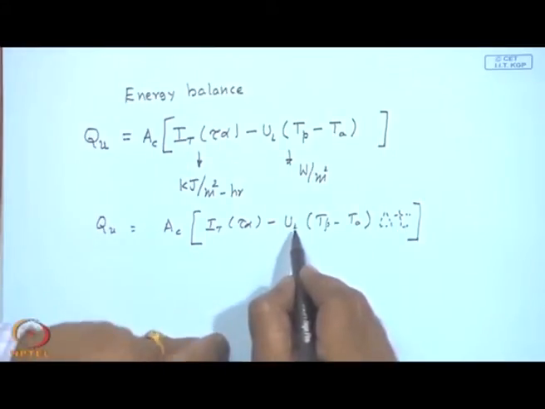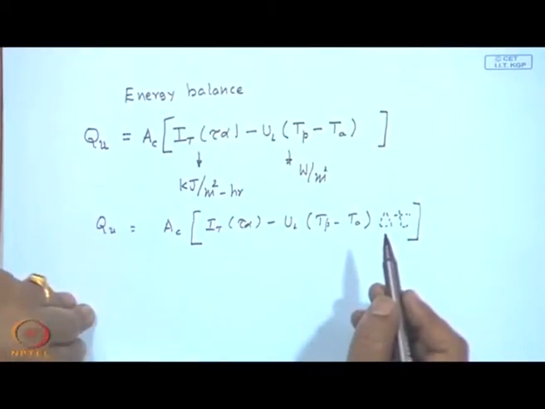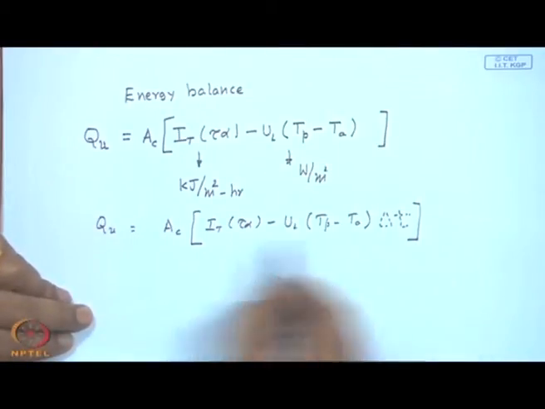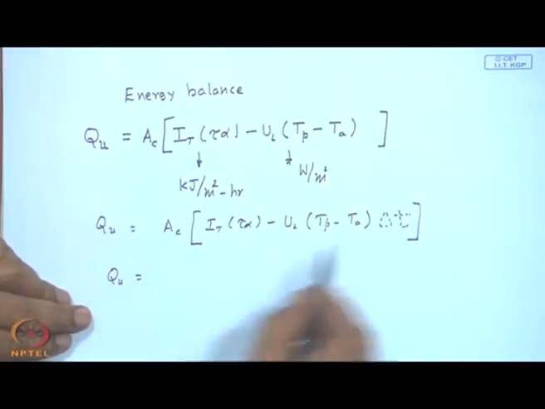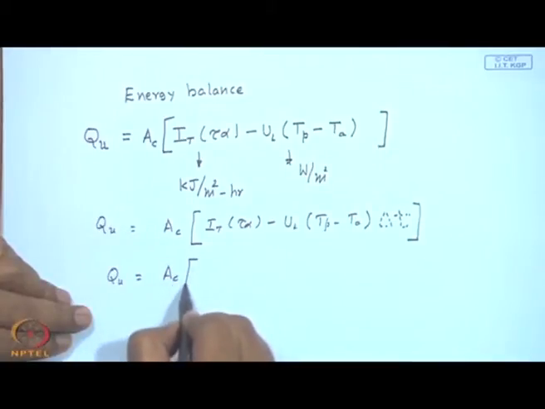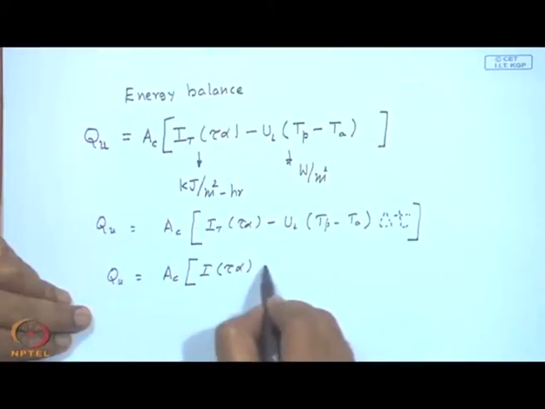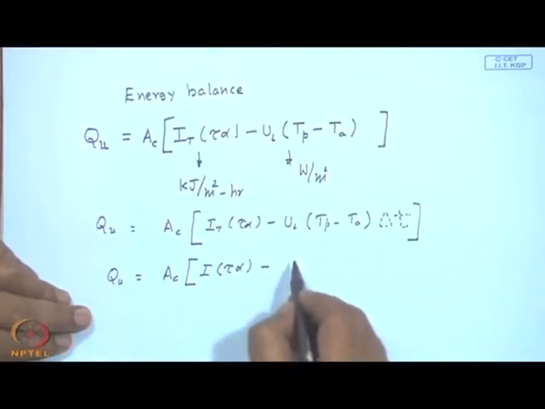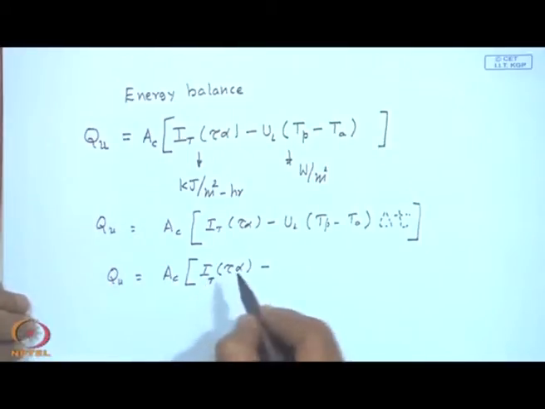If this is in watts, then I will get joules. I can make it kilojoules. But quite often in solar energy literature, that delta T is not written, with the understanding that one chooses the time factor depending upon the time factor that is used in expressing the solar radiation.